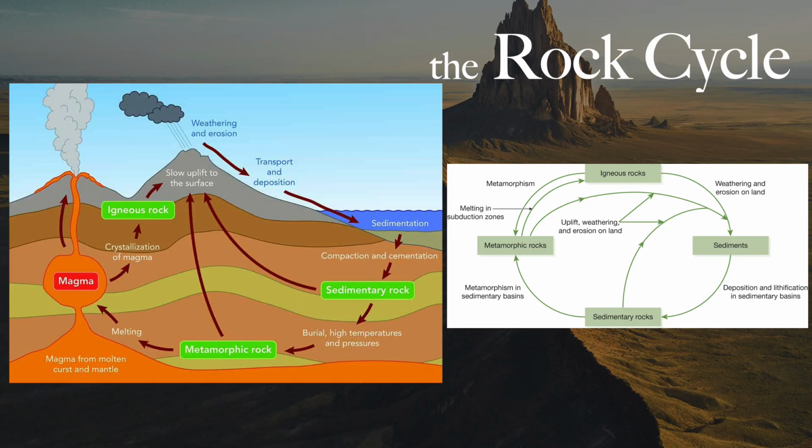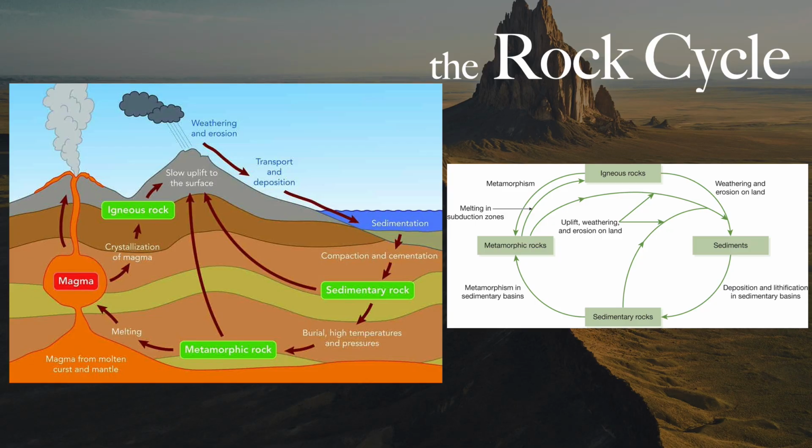Broken apart into these little pieces, which are called sediments. These sediments are then transported by all different erosional processes into basins, lower elevations, where they are then deposited and then lithified in these sedimentary basins to become sedimentary rocks.